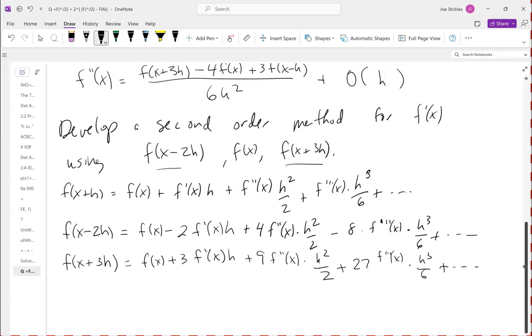If this term is still here, I'll have a second derivative times an h on an h squared, right? So I need this piece to go away. The next step is completely motivated by the fact that I want this one to go away. Let's ignore everything else here. I need to make the 4 and the 9 go away. What do I need to do to each of these to make the 4 and the 9 go away?